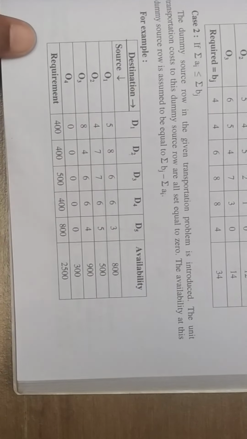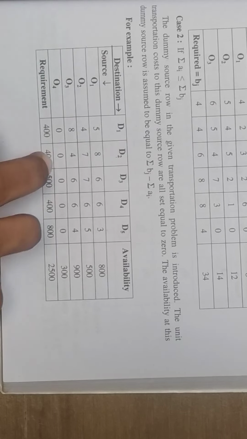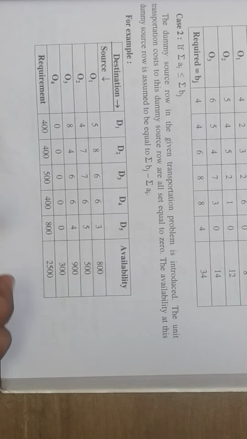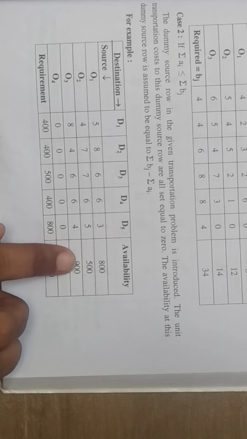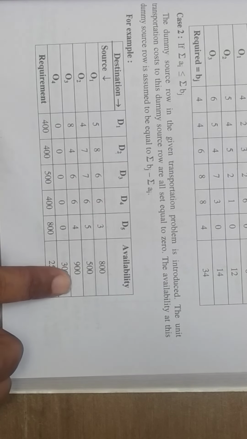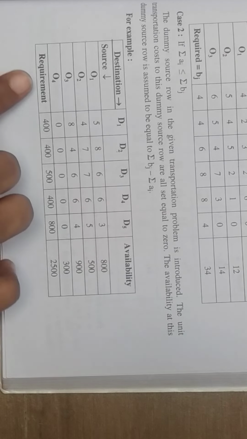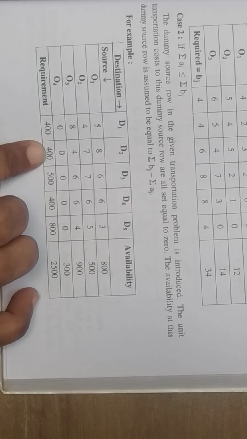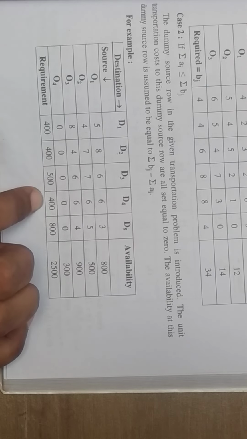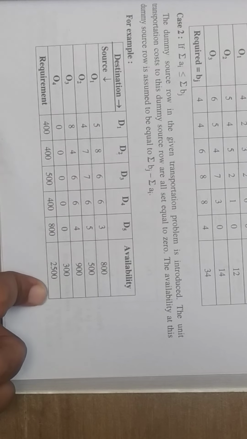So here is an example with destination, source, requirement, and availability. The total availability is 800 plus 500 plus 900, which equals 2200, and the requirement is 400 plus 400 plus 500 plus 400 plus 800, which equals 2500.